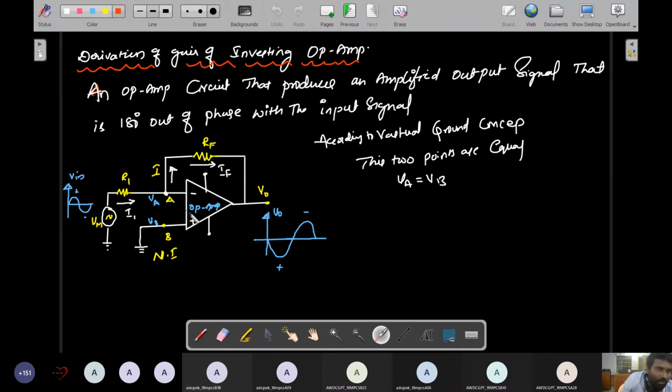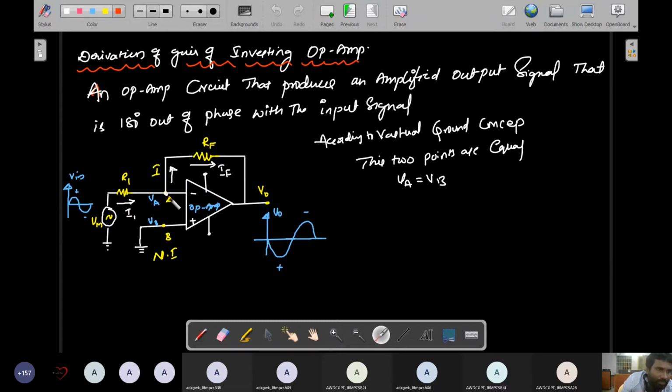Now I want to derive the gain of this amplifier. How much gain is produced by this amplifier? For that purpose, I am considering the virtual ground concept once again. According to the virtual ground concept, whatever potential is at the non-inverting terminal, the same potential will be drawn at the inverting terminal.